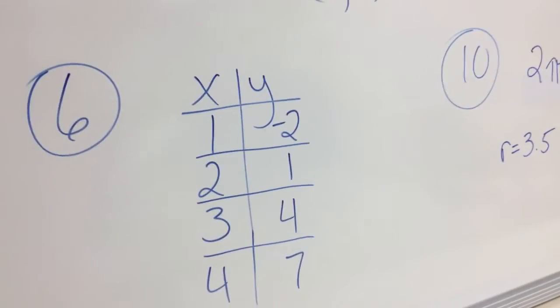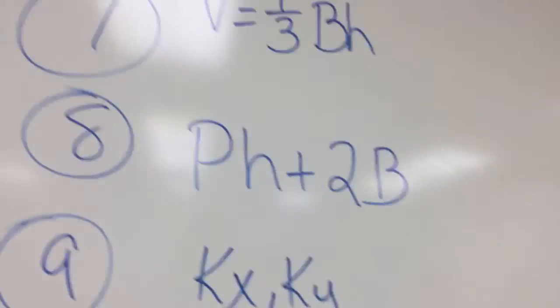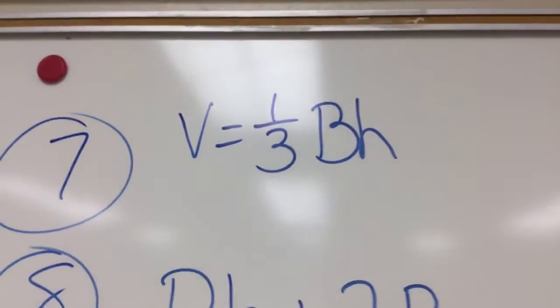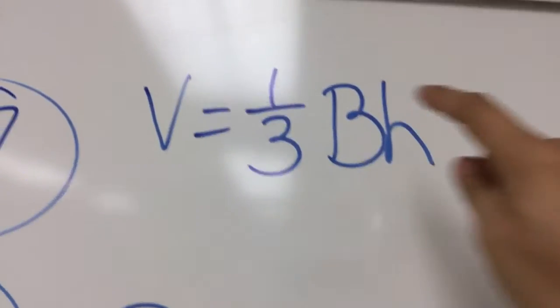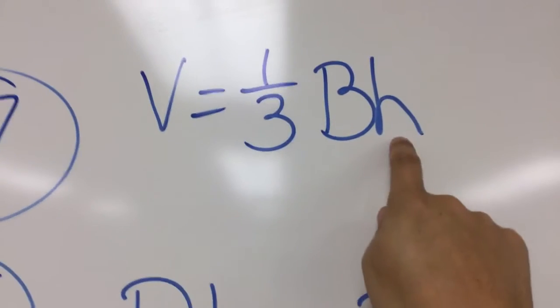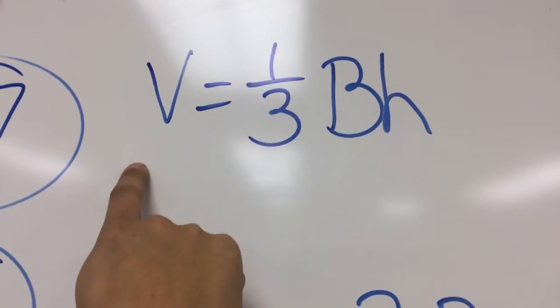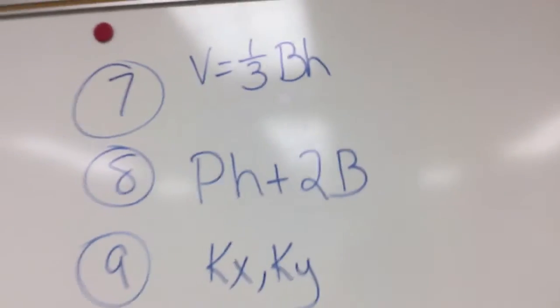Number 7, volume of the cone. The formula for volume of the cone is 1/3 area of the base times the height. So remember, area of the base for the cone is pi r squared. We're looking for this, so we're gonna have to multiply this stuff together, find the volume, and just divide it to get the height.